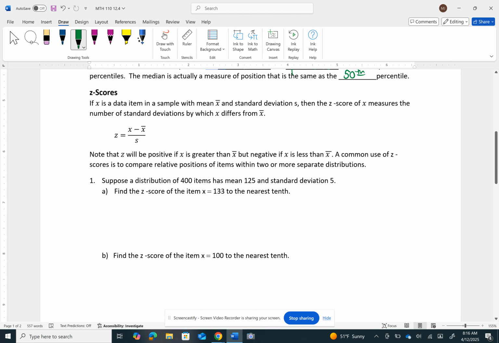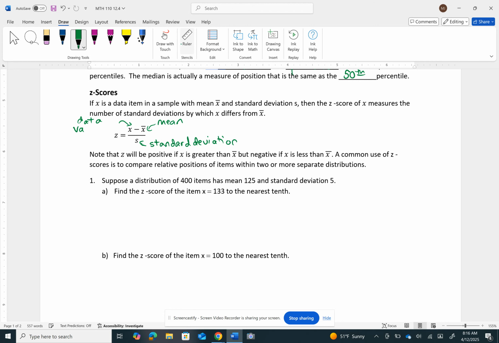Here's the formula for it. In the formula, the x bar is the mean, the s is the standard deviation of your data set, and then the x is the individual data value.